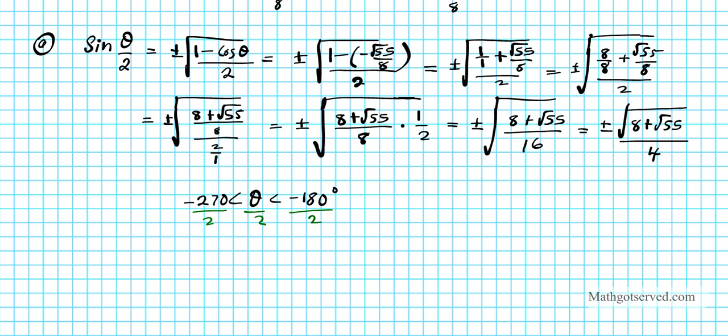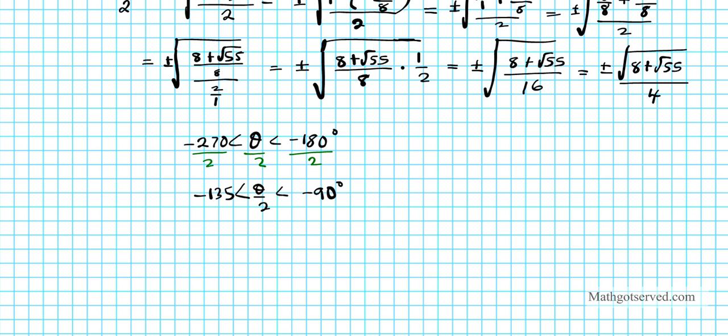If we carry out the division, we'll find that theta over 2 in the center is less than, when you divide 180 by 2, negative 90 degrees. And if you divide 270 by 2, you have negative 135.